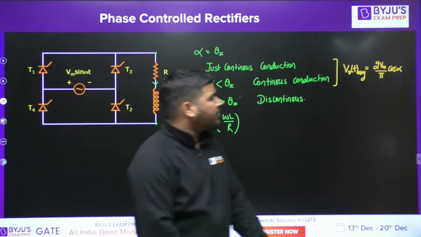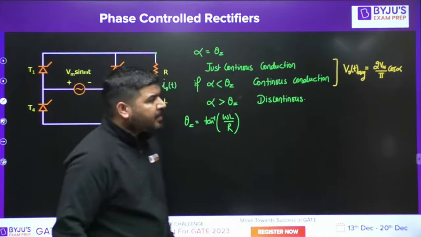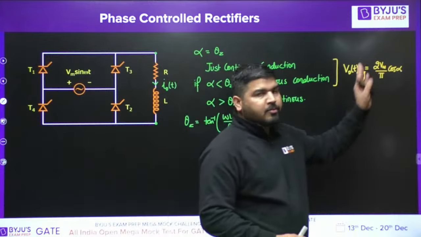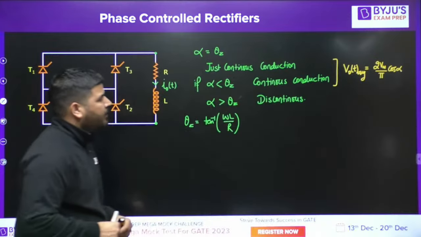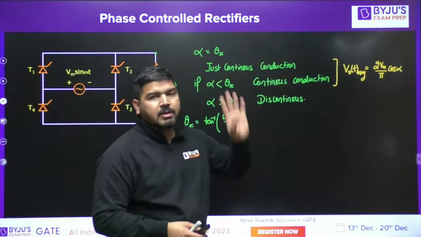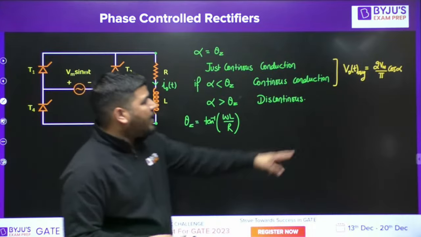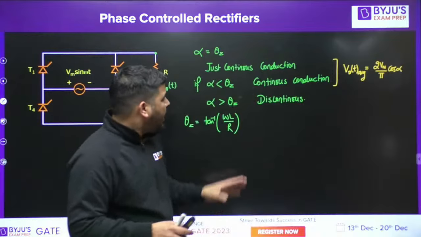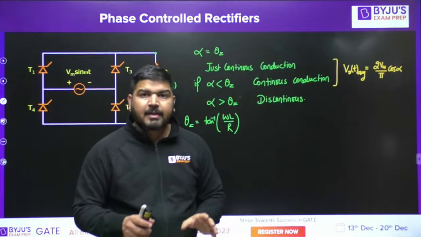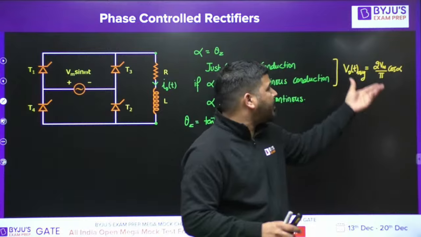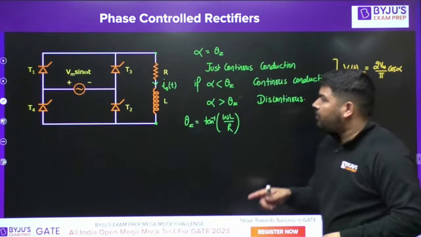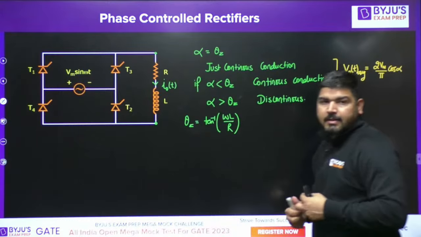But if you remember it, you can directly use this formula. If you have done enough practice, then you must know this: 2 Vm by pi cos alpha for just continuous and continuous conduction. I mean, if alpha is up to theta z, you can apply this formula. But if alpha is greater than theta z, then the conduction will be discontinuous and this formula will not be applicable.